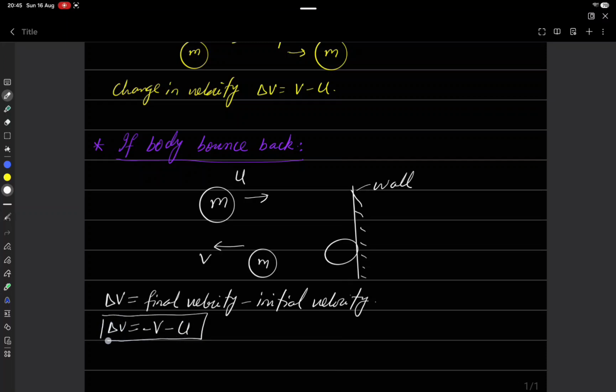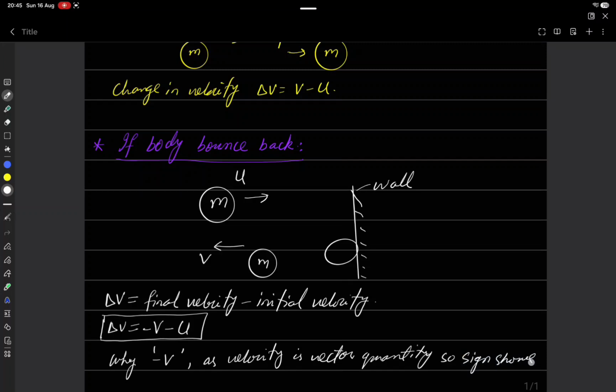Why do we use minus v? Because velocity is a vector quantity, so the sign shows direction.